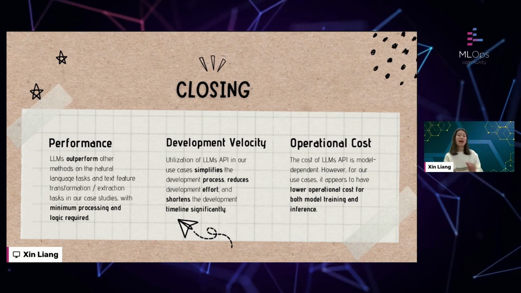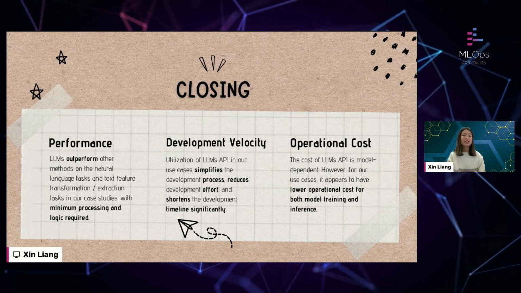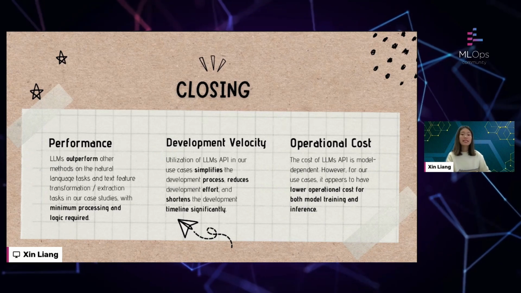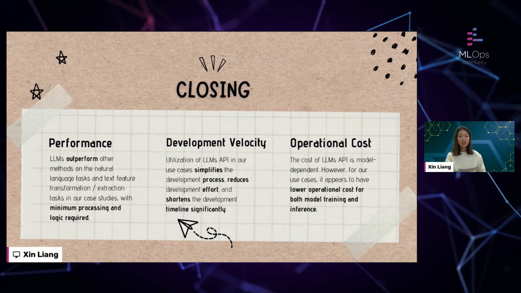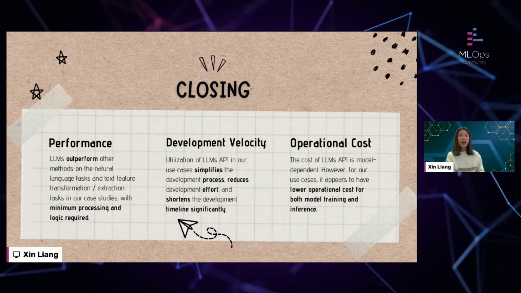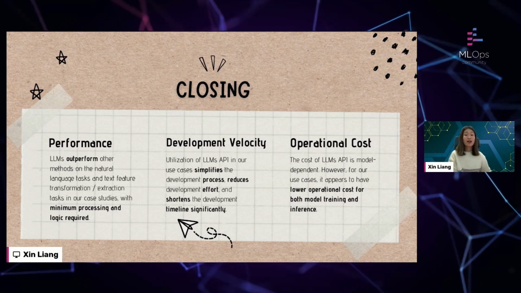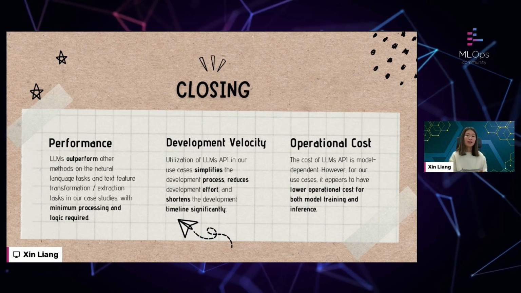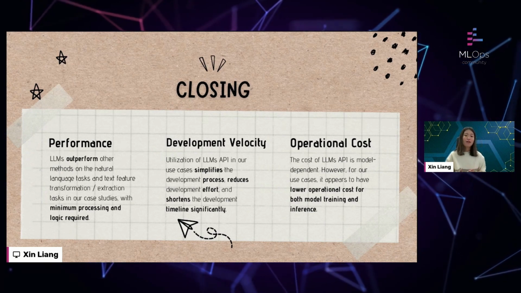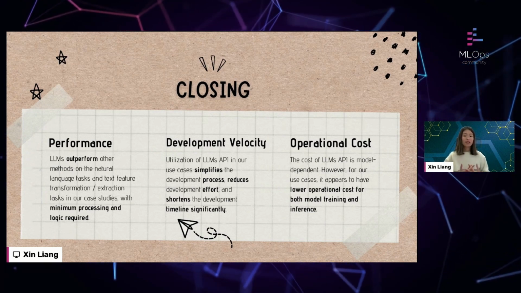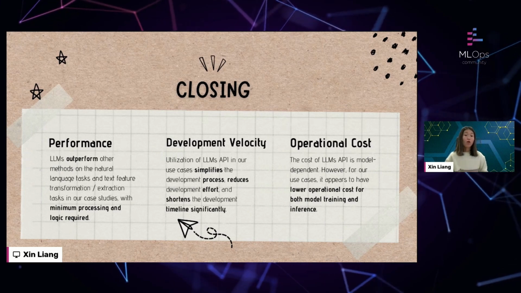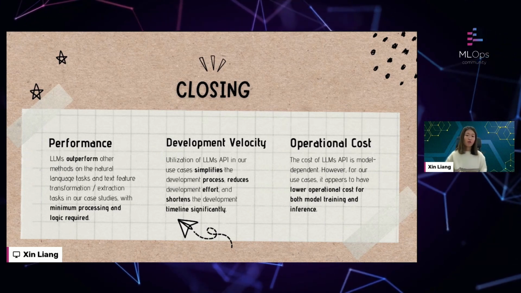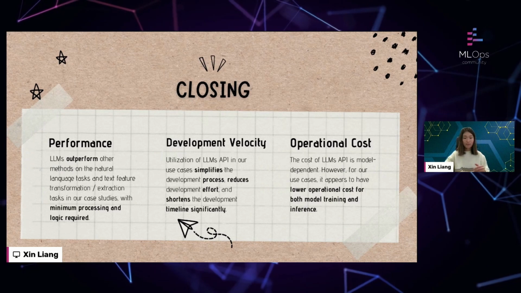The utilization of LLM APIs in our use cases also simplifies the development process, reduces the development effort, and significantly shortens the timeline as well. The cost of LLM APIs is model dependent. However, in our use cases, it appears to have lower operational costs for both model training and inference.